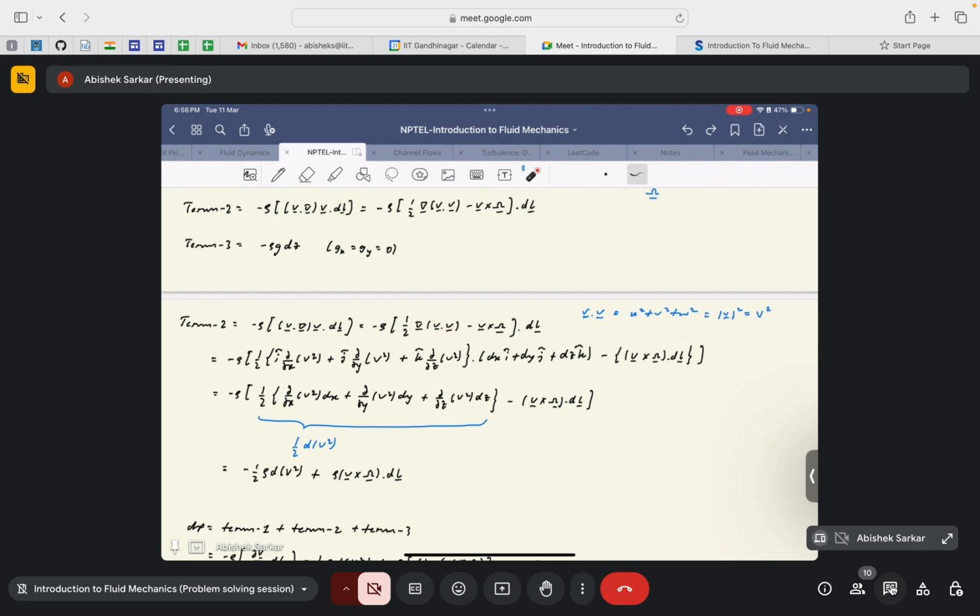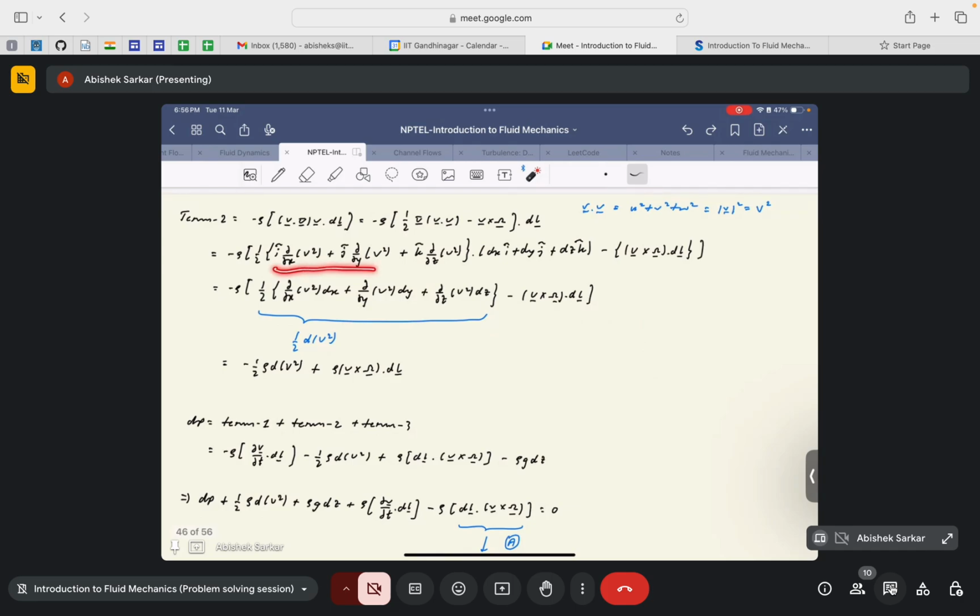So i cap dou x operating over v square, j cap dou y operating over v square, plus k cap dou z operating over v square, where v square is this. Then again multiplied with this term, that is dl, dx i cap plus dy j cap plus dz k cap, minus this term that we already have in our hand. We will leave it as such because we want to take a particular approximation that will avoid this term completely.